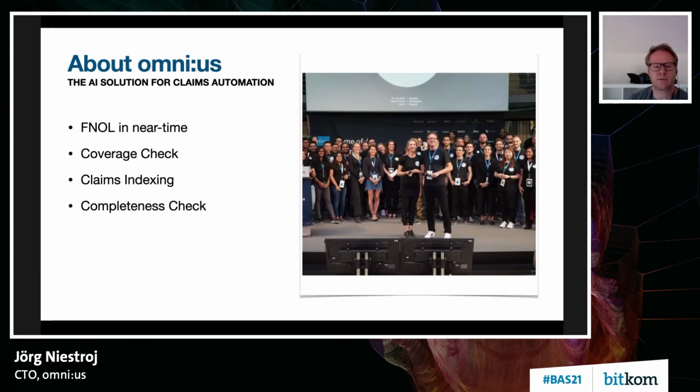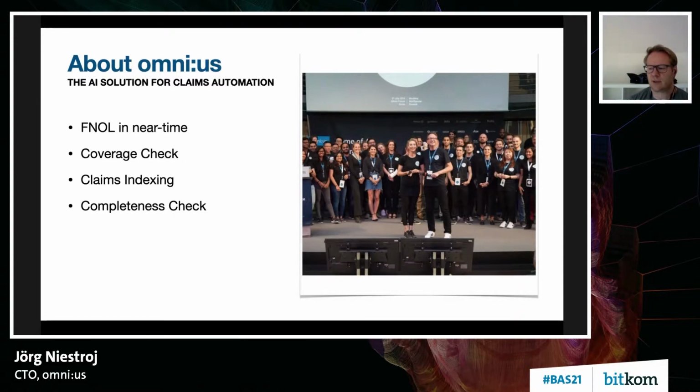So what we are doing is we want to automate the claims handling more inside of the insurance company. So to create the claim file in the core system, to do things like coverage check or claim indexing, to do a completeness check.